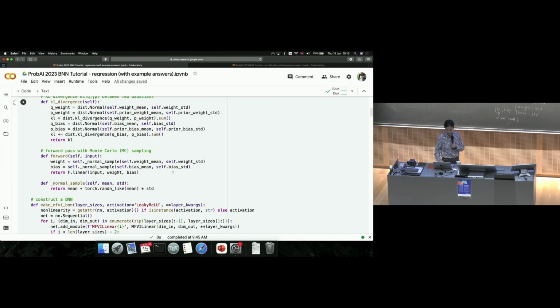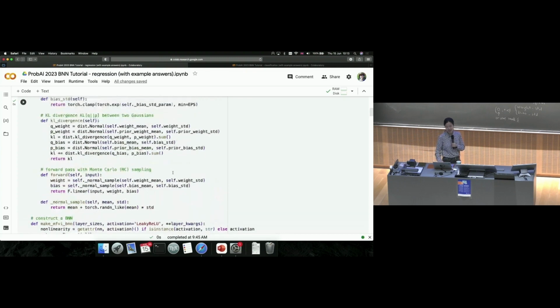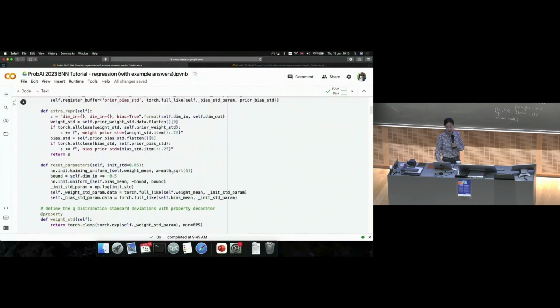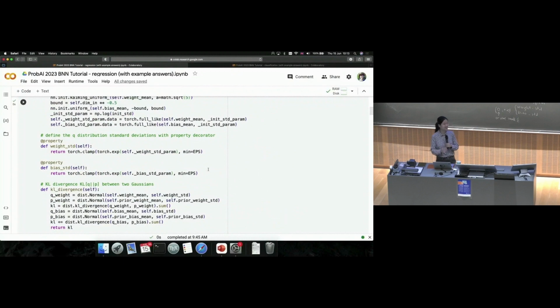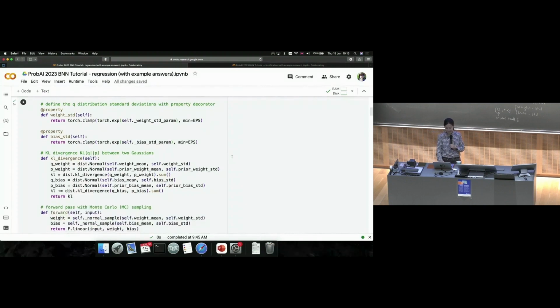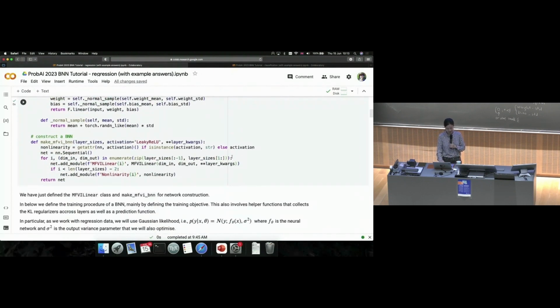Okay? So you probably see from this code that the way I structure it is that I just construct a mean field variational inference linear layer, just like you use nn.Linear when you construct a neural network with PyTorch code, so that you can just directly call this layer, and then construct the neural network with however many layers you like, how deep you want, and what kind of activation function you want.